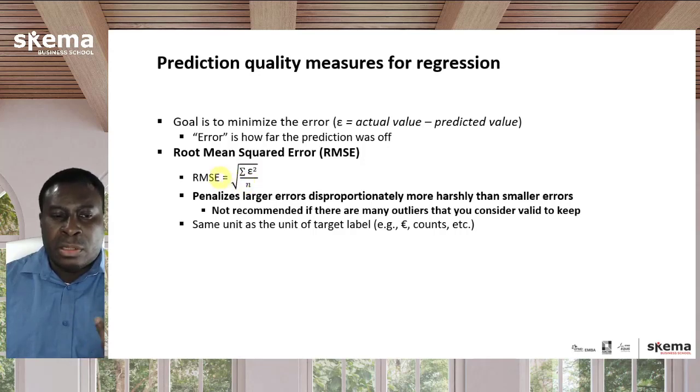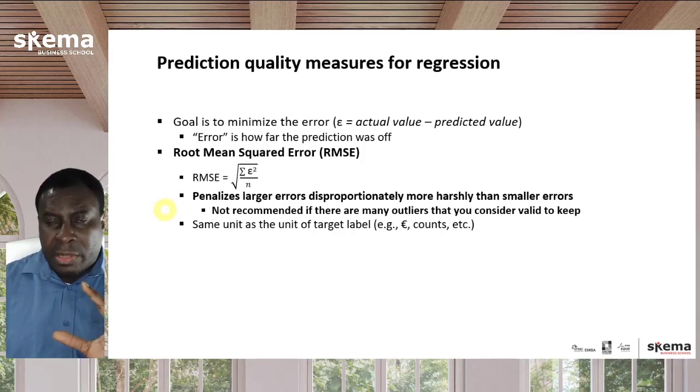One of the main characteristics of the RMSE is that it penalizes large errors disproportionately more harshly than smaller errors. In other words, if you're off by 15, that's worse than if you're off by only 3, and it will give you a much worse penalty for being off larger than for smaller.